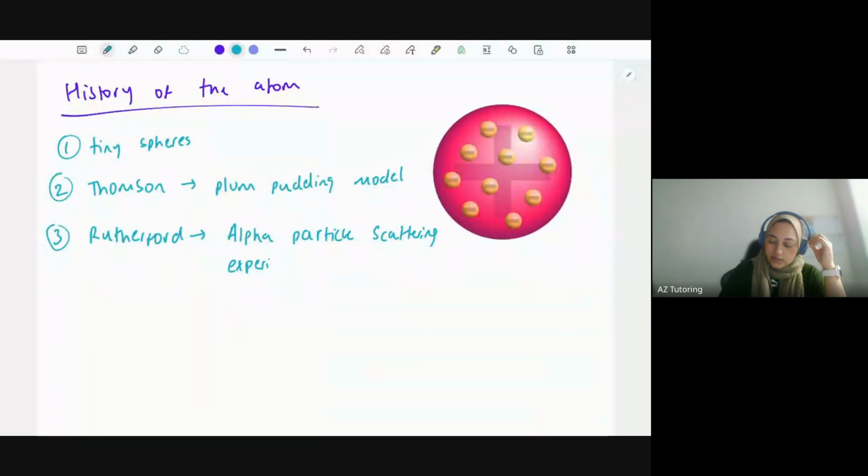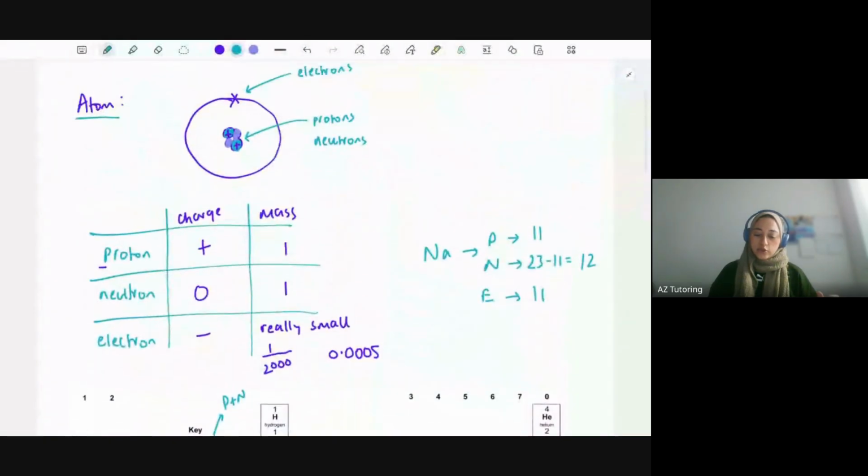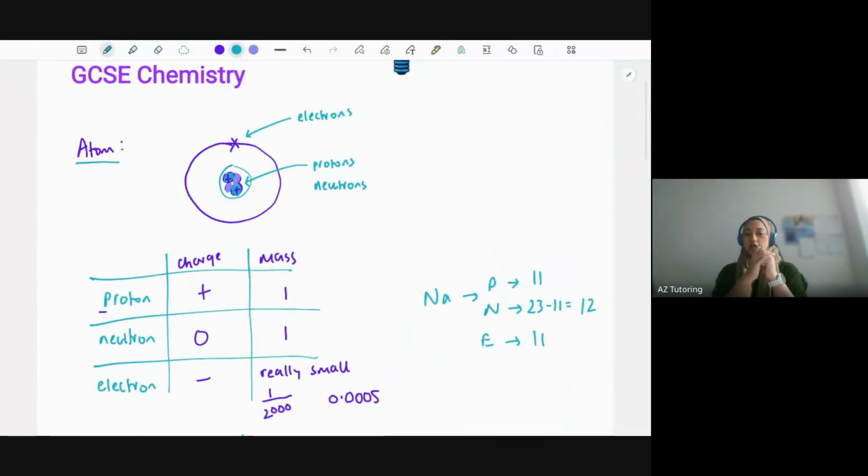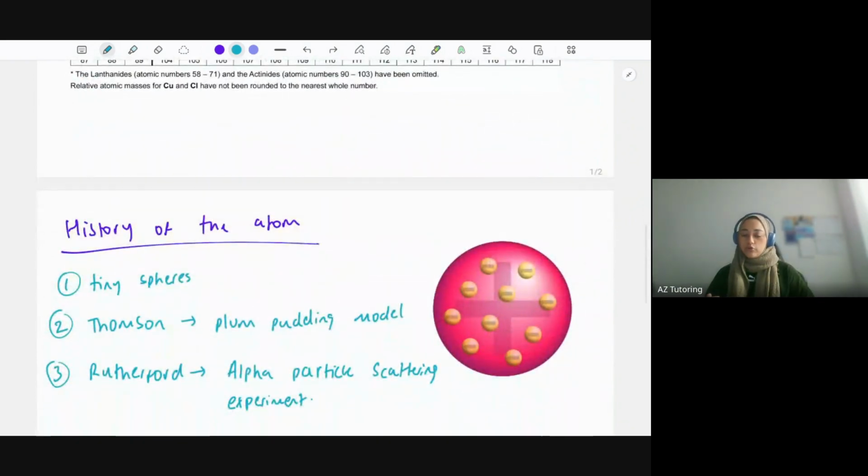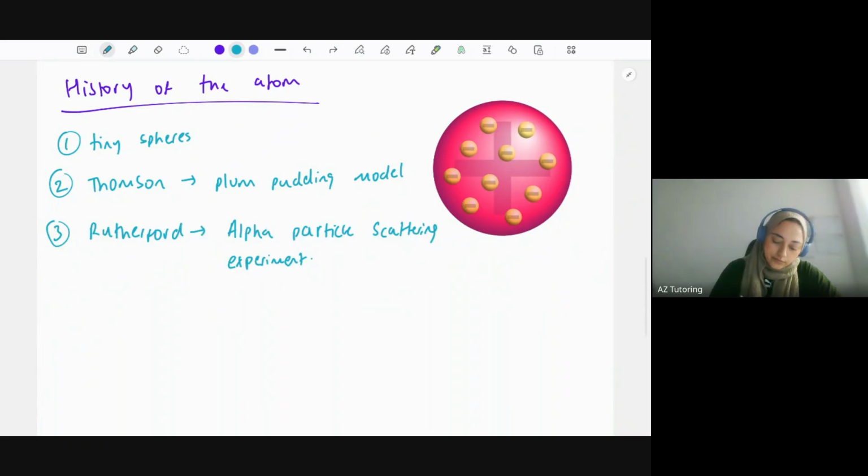Essentially what that was, he got alpha particles and he fired them at a gold foil, and some deflected back, so showing that the plum pudding model was wrong. So the results led to the conclusion that the mass of an atom was concentrated at the center, which then was coming towards the nuclear model we've got today. He essentially said that there has to be some sort of nucleus. At this point, he still didn't know about neutrons. He thought it was just the protons in the center.